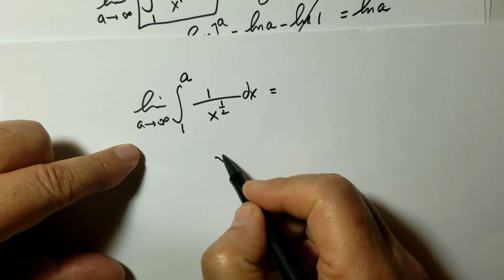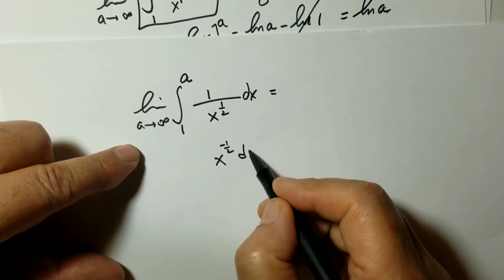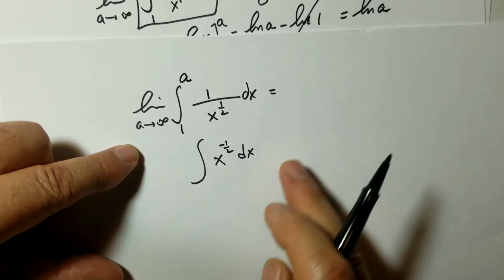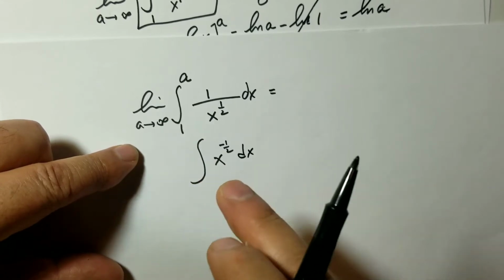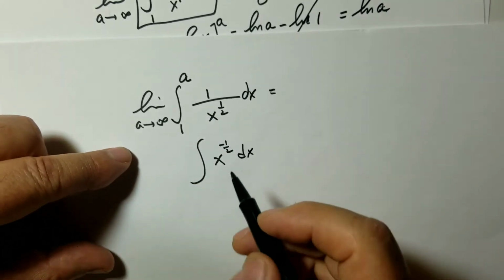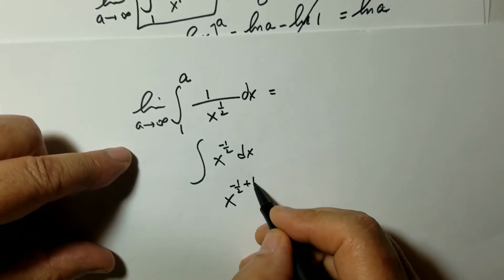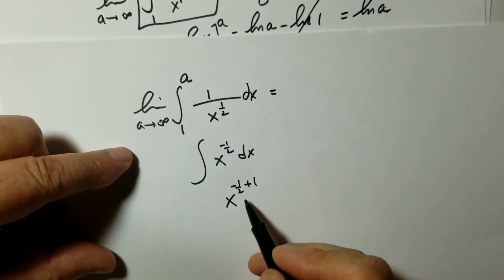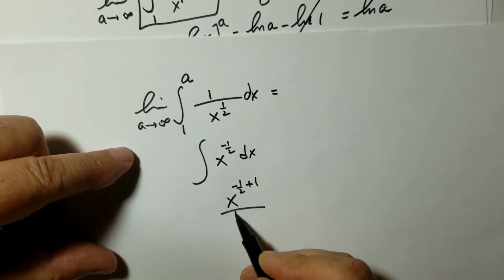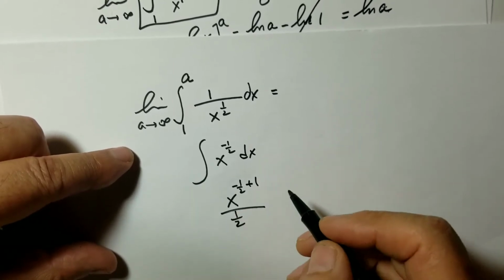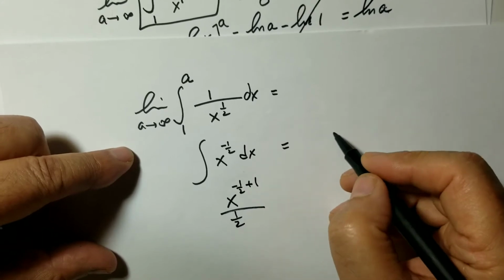This one I rewrite as x to the power of -1/2 dx, but here I can apply the power rule. What is the antiderivative of that one? X to the power of -1/2 plus 1, which is 1/2, divided by 1/2, which is the same as multiplied by 2.